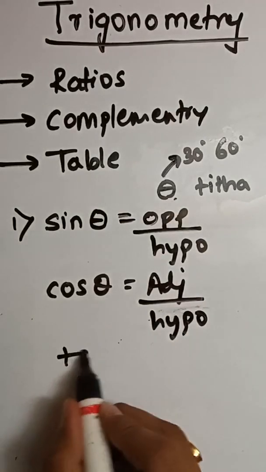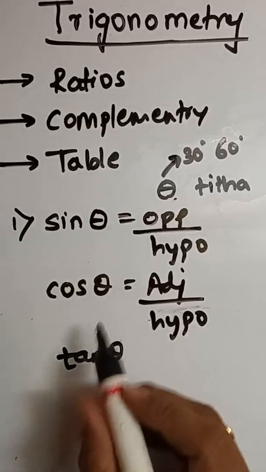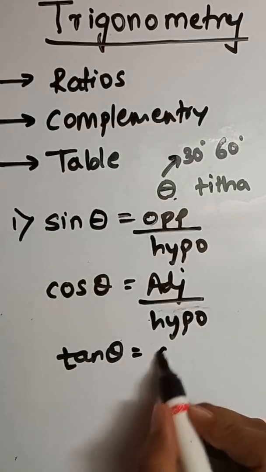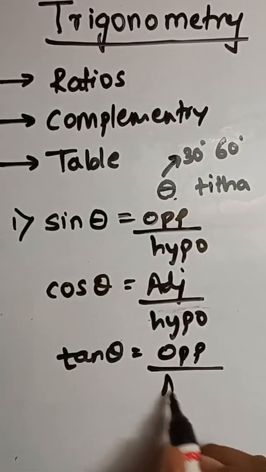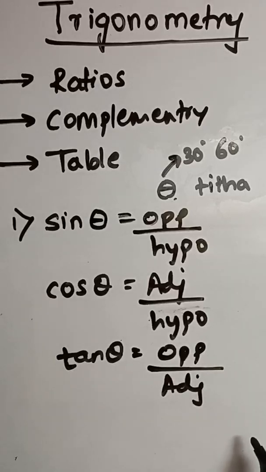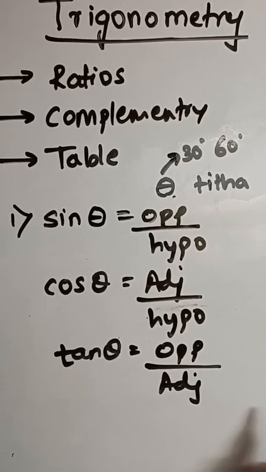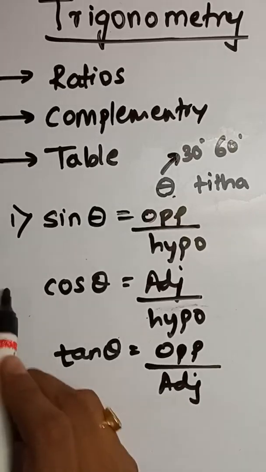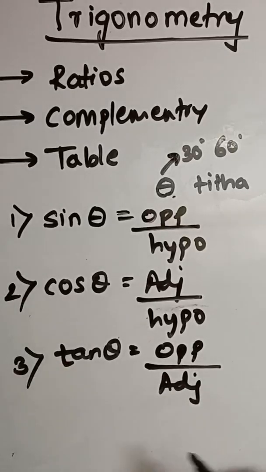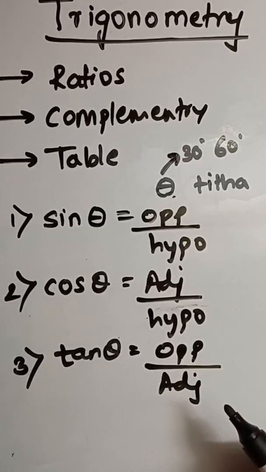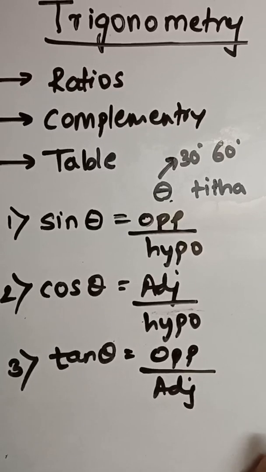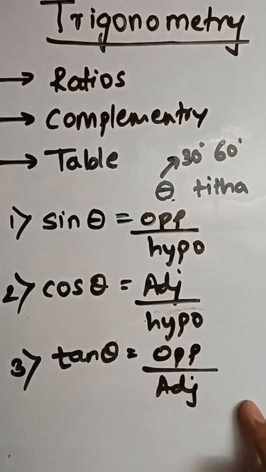For tan, the third trigonometric ratio, the formula is opposite upon adjacent. Okay, there are a total of 6 trigonometric ratios, but the other 3 are based on these 3 only. These 3 are the most important ones.